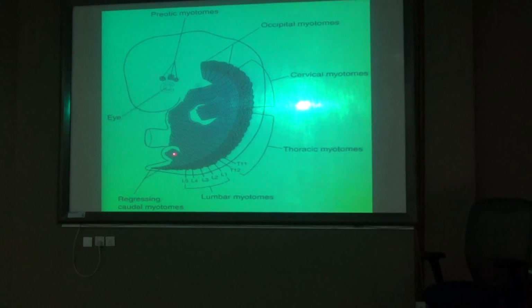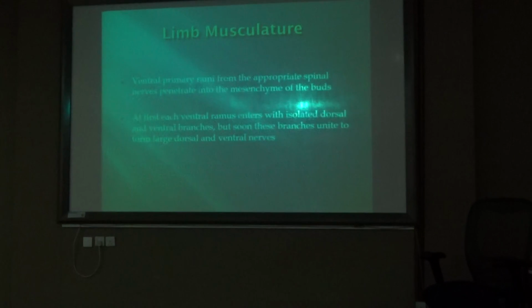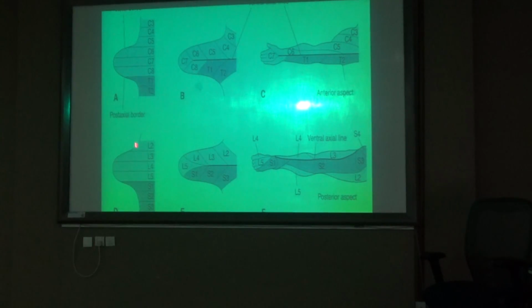Upper limb, lower limb. Gradually they enlarge. Look, they carry their nerve supply with them, as I told you earlier. From the beginning, the upper limb carries its nerve supply. The lower limb carries its nerve supply. How? This is the way.